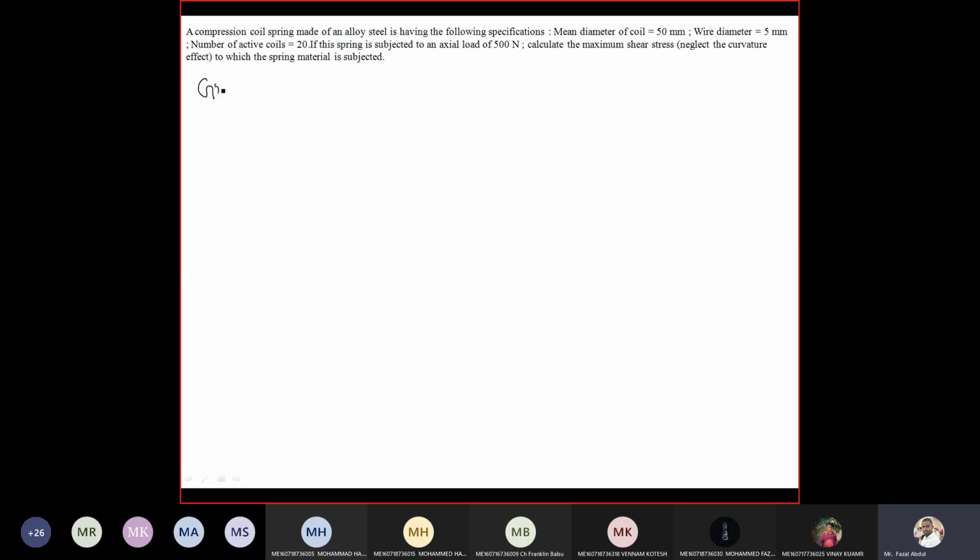So the given data I am writing: capital D is 50 mm, wire diameter small d is 5 mm, number of active coils is 20, and the spring is subjected to an axial load capital W of 500 newtons.